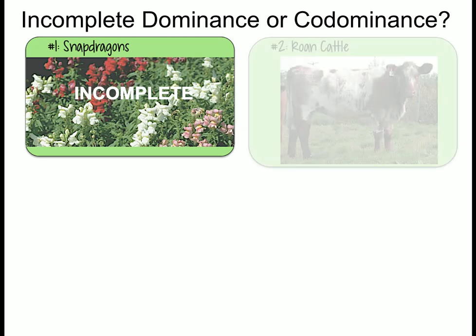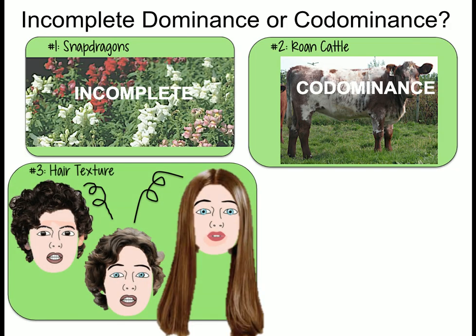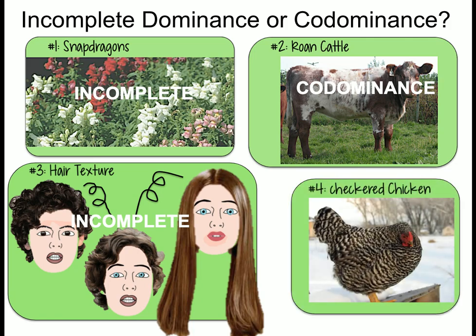So that's incomplete. Roan cattle, is that incomplete or co? Well, that's codominance because you see the spots of red and white cow. Here, hair texture, we've got curly and long. Is the child a mix of both, incomplete, or is it codominance? Here it's incomplete. And the checkered chicken. All right, you got black chicken, white chicken, checkered chicken.